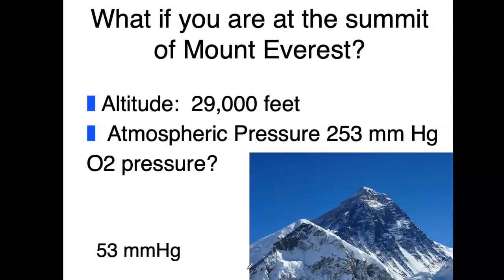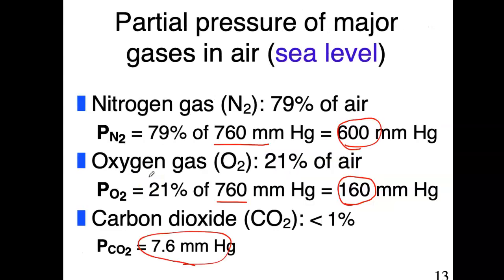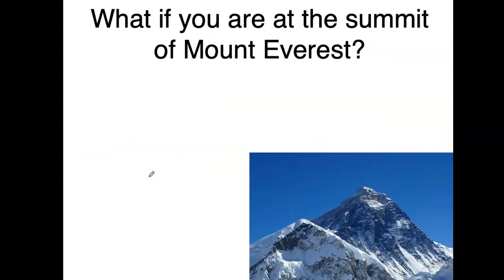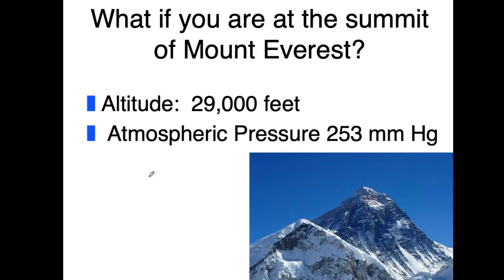So then, what's the pressure of oxygen? If we're multiplying the partial pressure of oxygen, which we said was 21%, correct? So we're going back to the 21. 21% times 253 this time, because that's what that atmospheric pressure is.